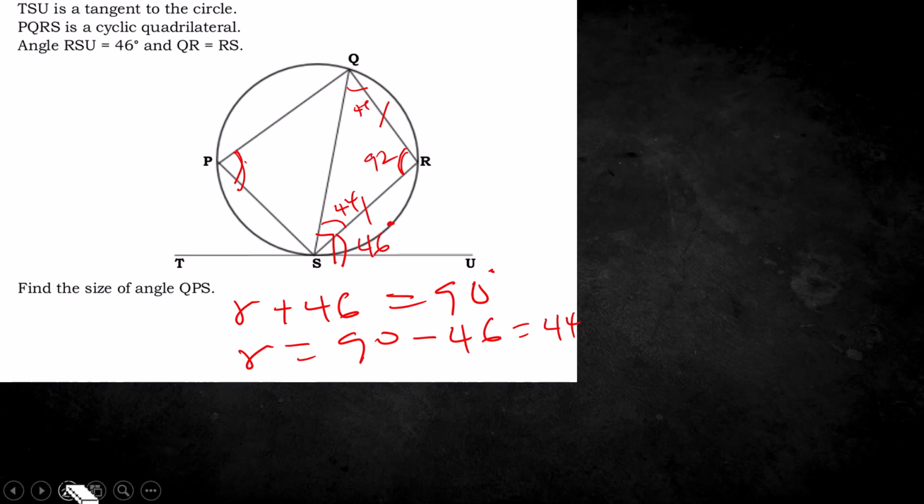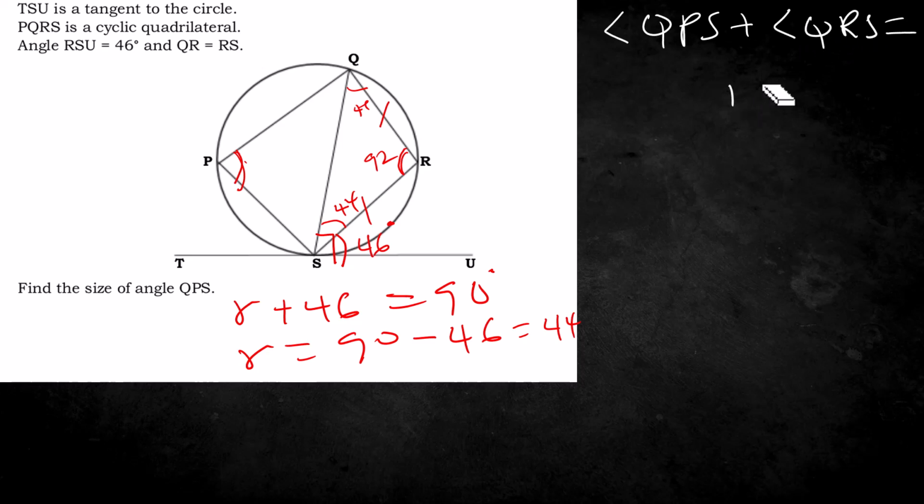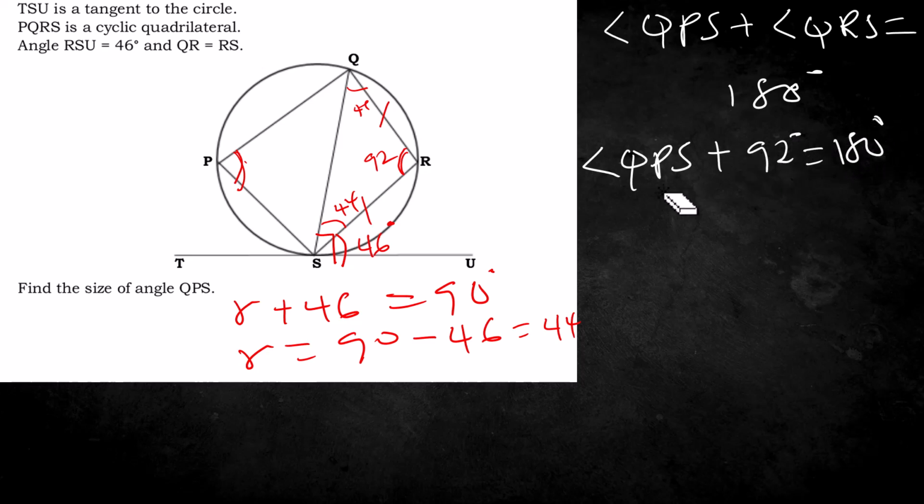Okay, so let's solve for QPX. Angle QPX plus angle QRX is equal to 180 degrees. So angle QPX plus angle QRX, 92, is 180.